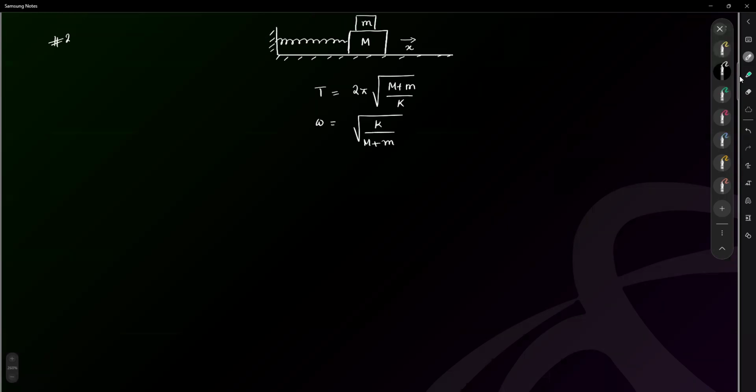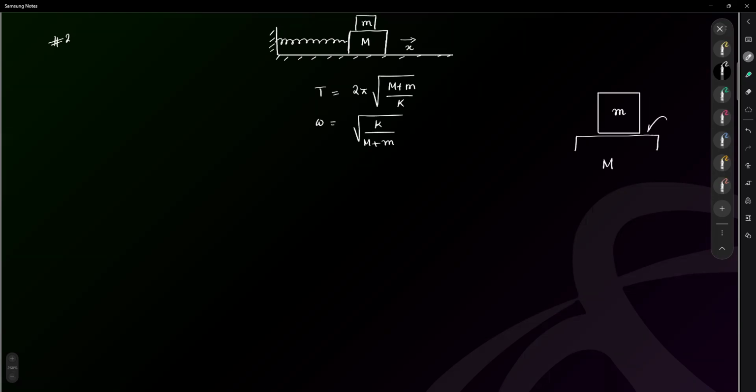Now, observe one thing very carefully. If this is the mass M and this is the second mass, small m, which is kept above it.